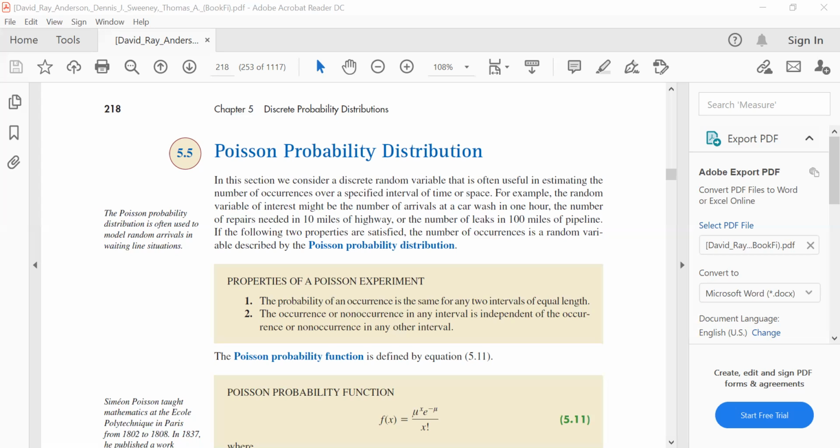Now these numbers are discrete. The independence of occurrence in this example means that the marketing phone calls are received individually and none of two or more of these phone calls are related.